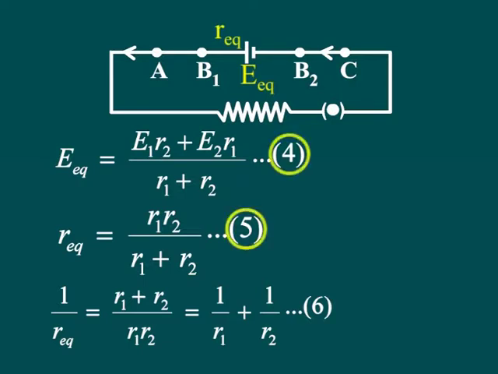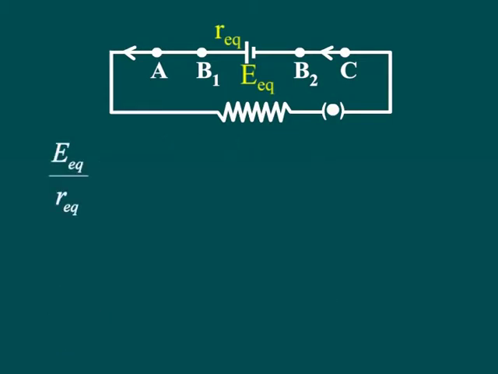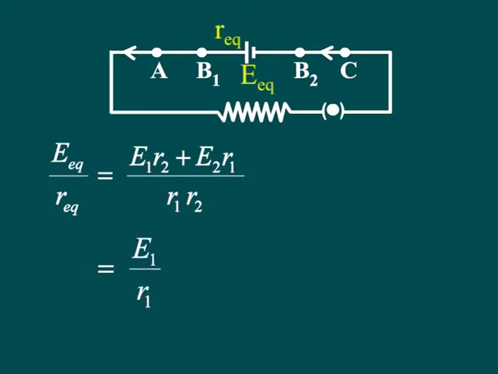Dividing equation 4 by equation 5, we get E equivalent upon R equivalent equal to (E1 R2 plus E2 R1) upon R1 R2. This is equal to E1 upon R1 plus E2 upon R2.